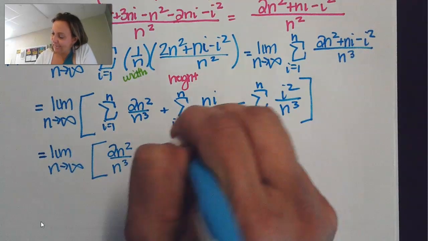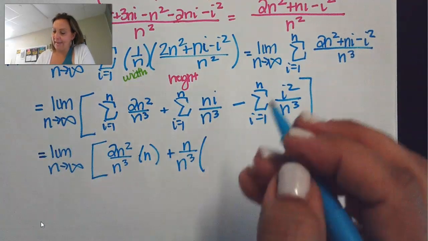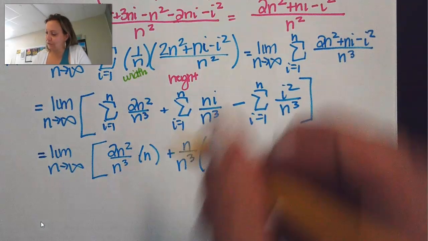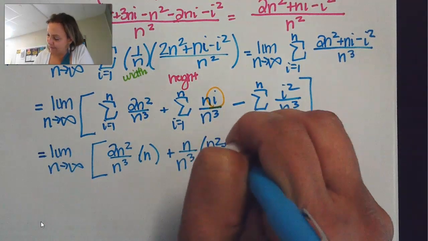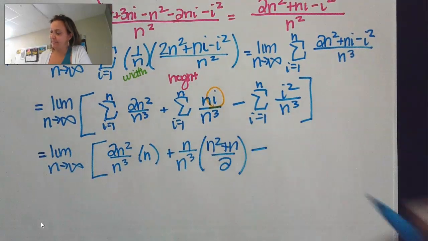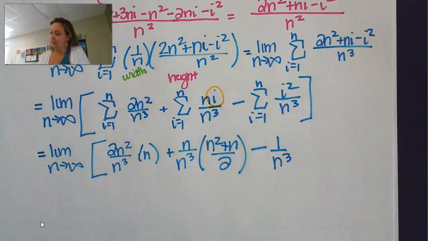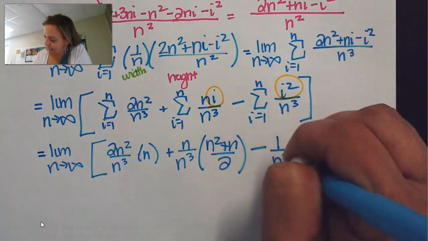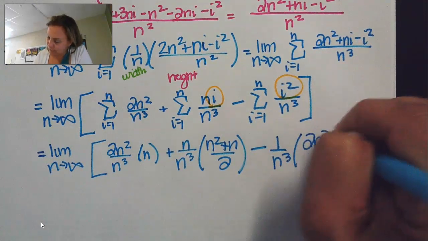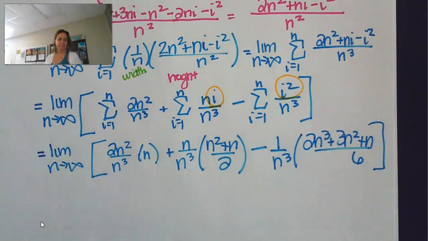Here my constant was n over n cubed, and now I'm going to multiply by the sum of i from 1 to n, which is n squared plus n over 2, minus. Here my constant is 1 over n cubed, but now I'm going to use the sum of i squared from 1 to n, which is 2n cubed plus 3n squared plus n all over 6.